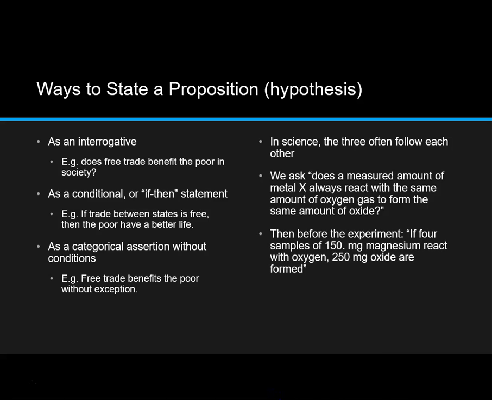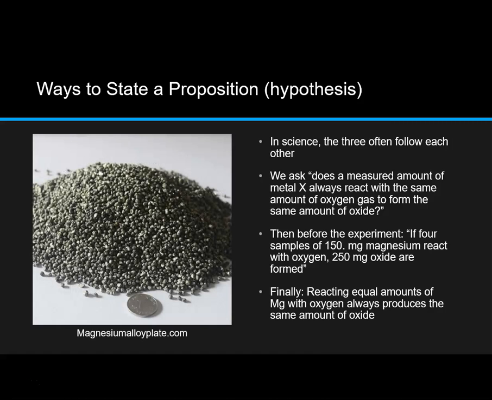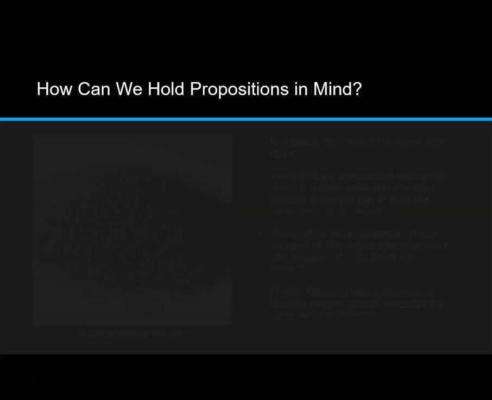We could state before the experiment, if 4 samples of 150 milligrams of magnesium react with oxygen, 250 milligrams of oxide are formed. Or you can say, reacting equal amounts of magnesium with oxygen always produces the same amount of oxide. So those are the three ways we can state that proposition or hypothesis. And this is some magnesium.